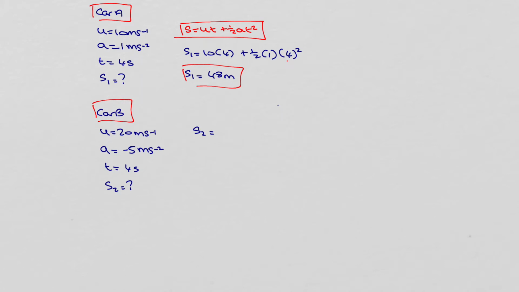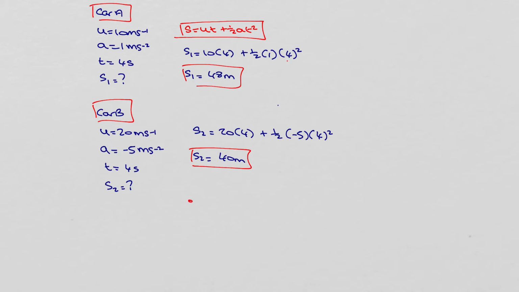So we say S2 is equal to u times t plus a half a times t squared. So we have 20 times 4 is 80, and then we're going to have 16 times a half, which is 8, times minus 5, and therefore that gives us 40 metres.